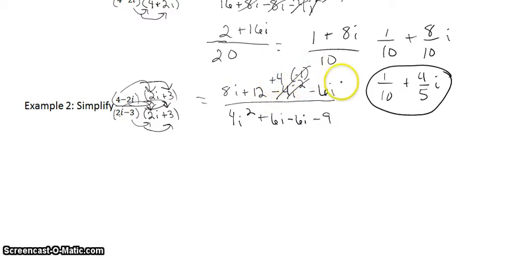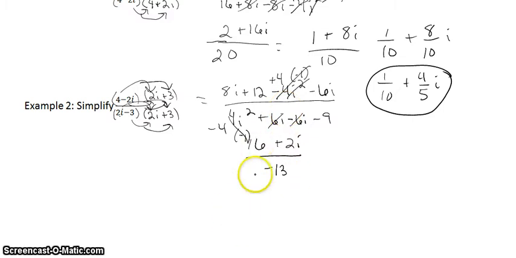Now I'll put my like terms together on the top. So 12 plus 4 is 16, and then 8i minus 6i, that's 2, so it'll be plus 2i. Then in the denominator, I need to replace that i squared with a negative 1, so it's going to be negative 4. So negative 4 minus 9 is a negative 13. And then these 6i's cancel because one's positive and one's negative.